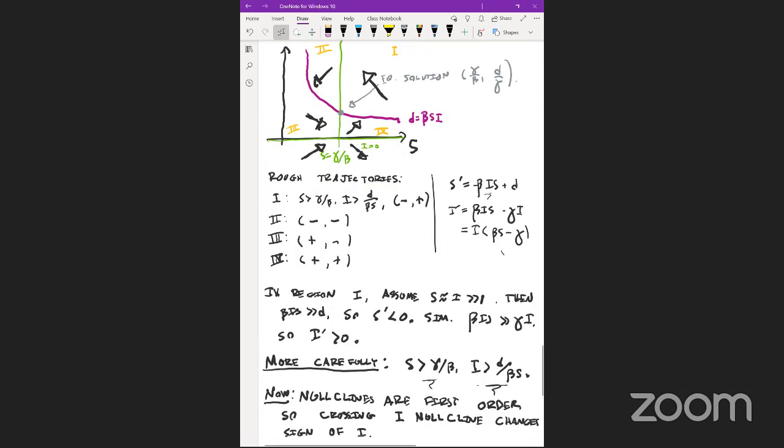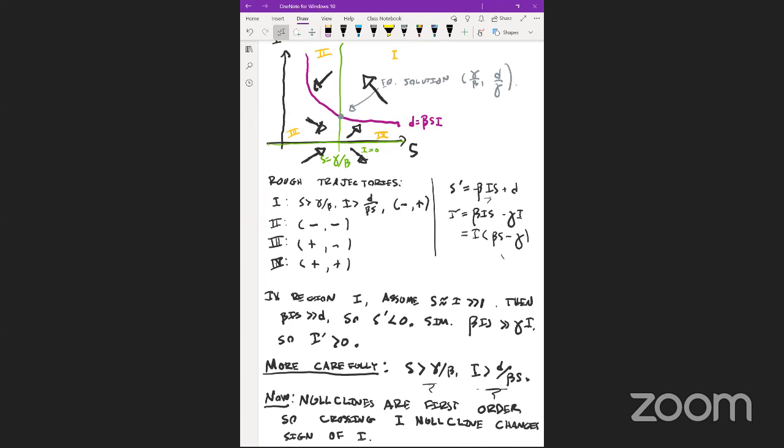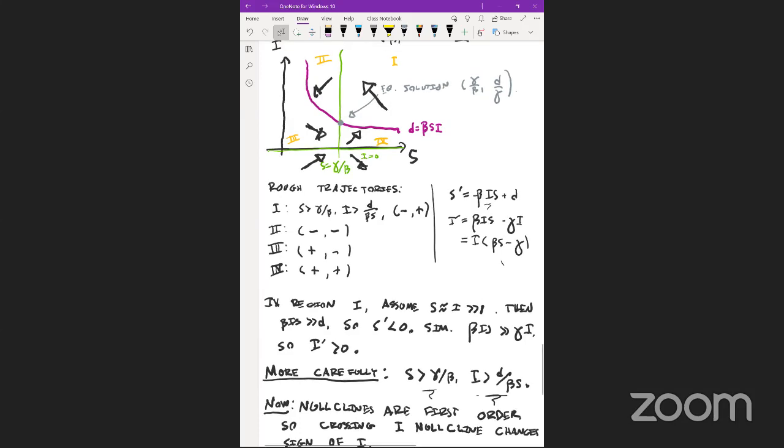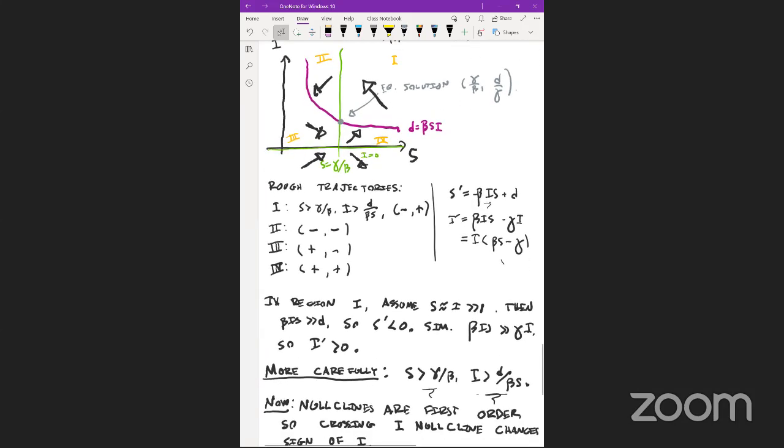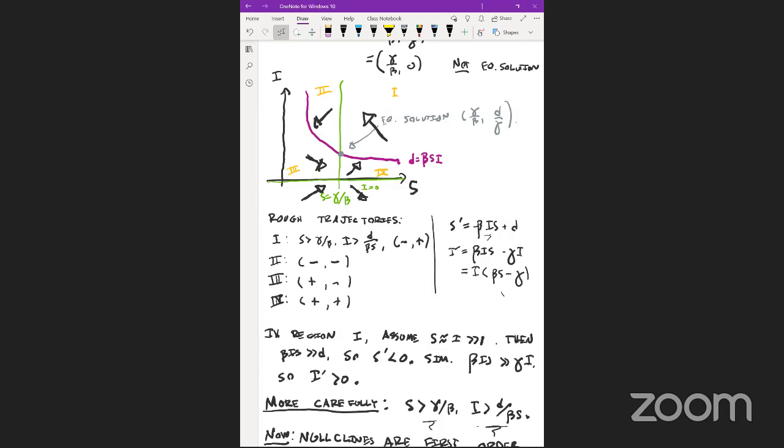So how do we say firmly and confidently what is actually going on? I would also say we can't cross this null line. If we were to come down and hit it, this is an interesting thing to know: I prime has to be equal to 0, which means that because of the uniqueness of solutions for autonomous differential equations, we're actually stuck there.